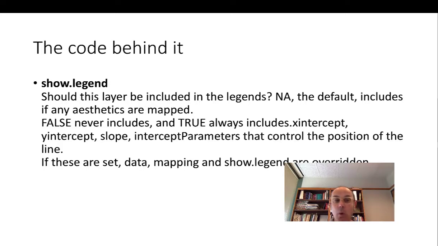One of the things that I want to re-emphasize is show legend. Should this layer be included in the legends? The answer is, it depends. False never includes and true always includes. So again, it depends on how you want it.